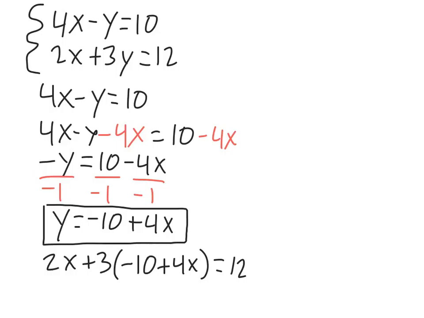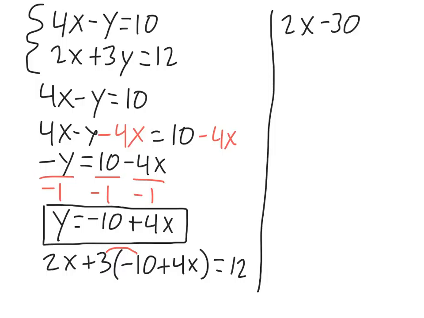Now, once again, I'm going to move to the upper right-hand corner. So we've still got the 2x, and then notice we have to use the distributive property here. So we've got 3 times -10 is a -30. And 3 times 4x is going to be 12x.